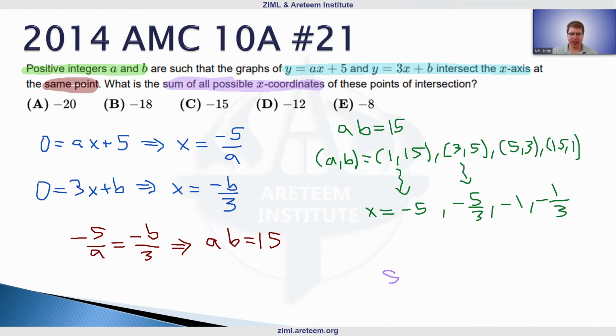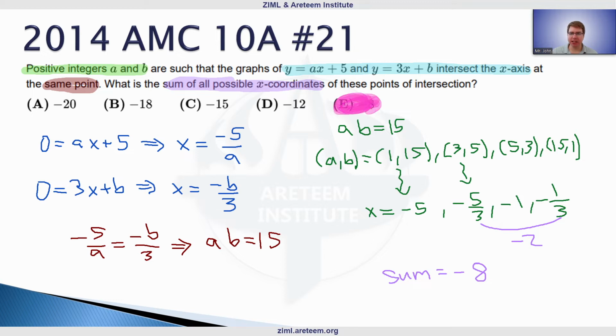So at the end, really quickly, I'll point out that negative 5/3 plus negative 1/3 is negative 2. So negative 5 plus negative 1 plus negative 2, we have negative 8 is our sum. So this gives us answer choice E in this scenario.